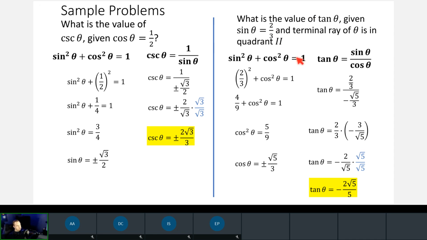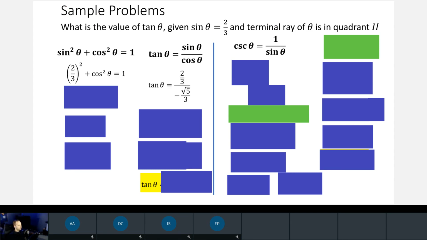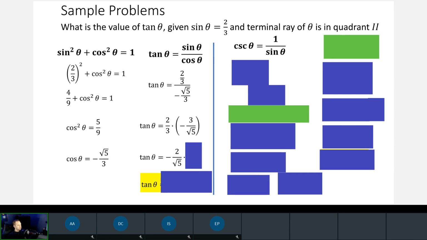Sine is 2/3. Oh, it's the same. I didn't change it. So yes, it is the exact same.